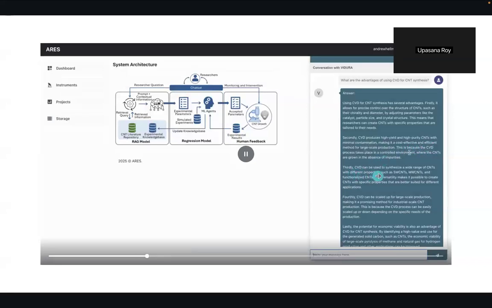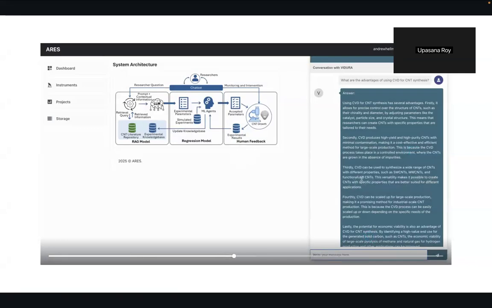Thirdly, CVD can be used to synthesize a wide range of CNTs with different properties, such as single-walled, multi-walled, and functional carbon nanotubes. Fourthly, CVD can be scaled up for large-scale production, making it a promising method for industrial scale CNT production.